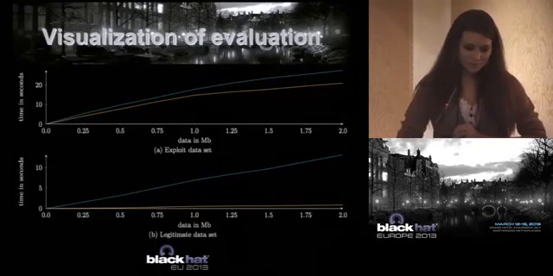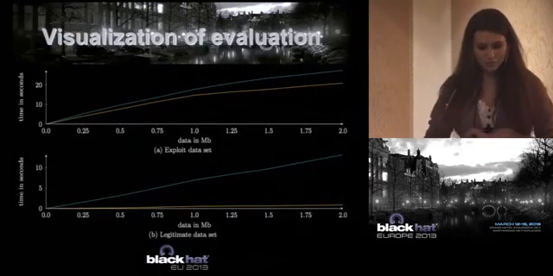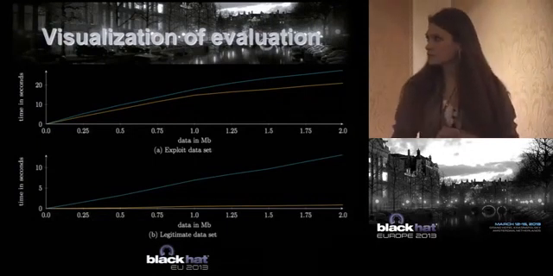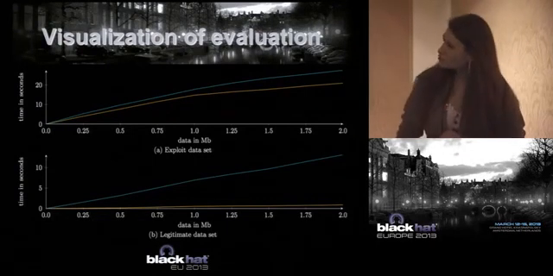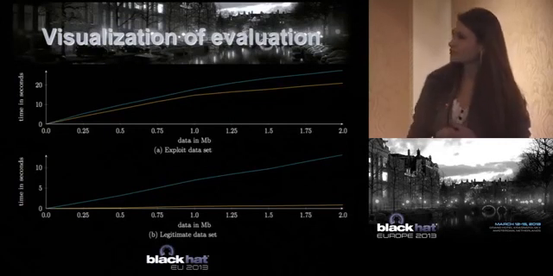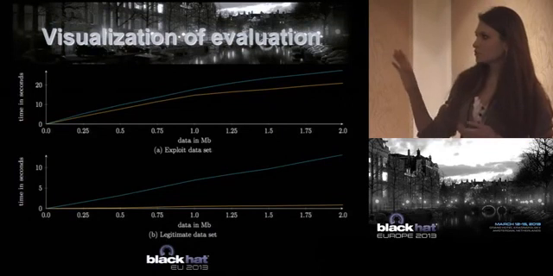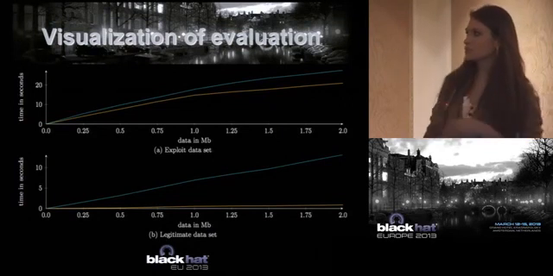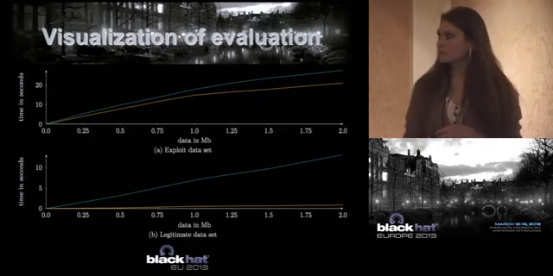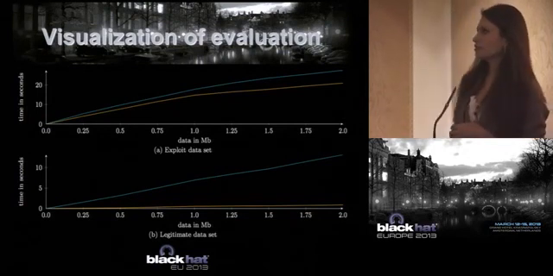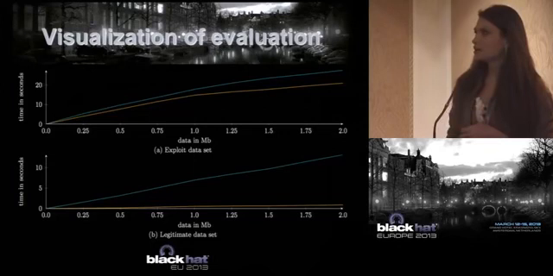Well, here's maybe a less boring visualization of boring numbers. The blue line stands for linear topology. The brown line stands for our hybrid topology. The very first plot shows the exploit data set. As we can see, the difference on the exploits data set is not really significant.